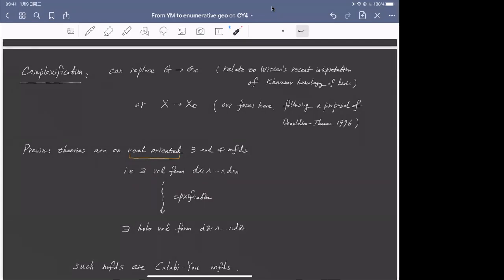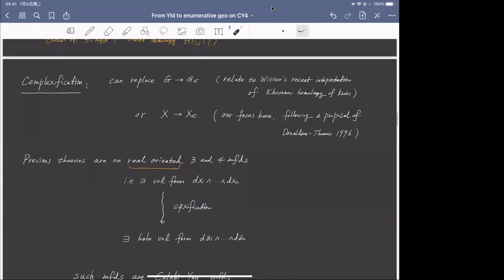Okay, let me mention what I mean by complexification. Previously, what we studied is Yang-Mills theory on three manifolds or four manifolds, particularly where the gauge group is a unitary group, as I mentioned.